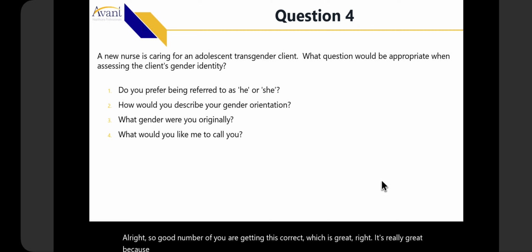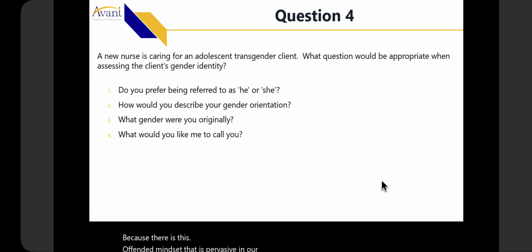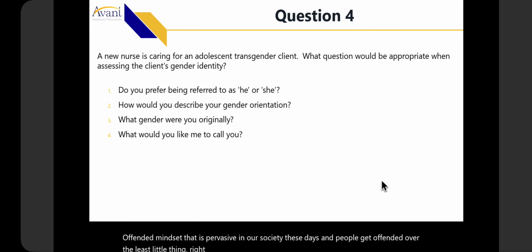It's really great because this is one of those situations, especially in US healthcare right now, that people are having to tread very lightly because there is this offended mindset that is pervasive in our society these days, and people get offended over the least little thing, right? And so making sure that we address people the way they want to be addressed is important, right?